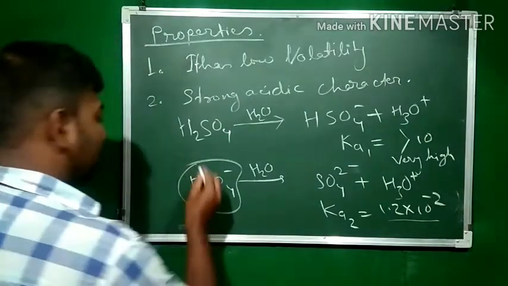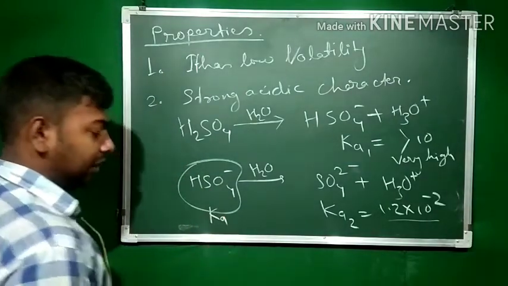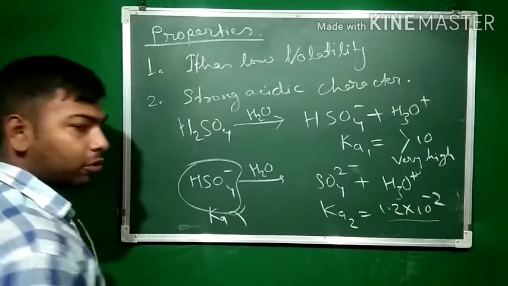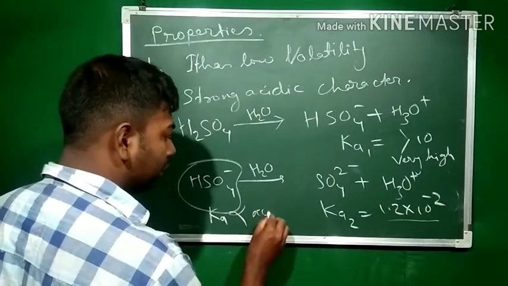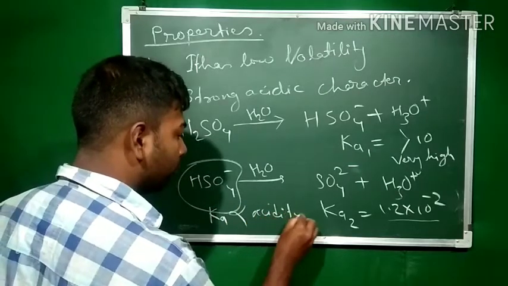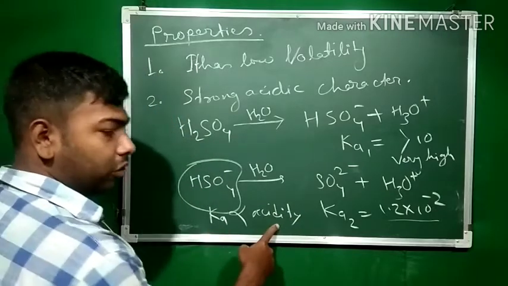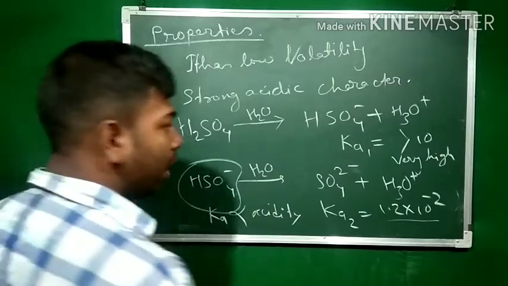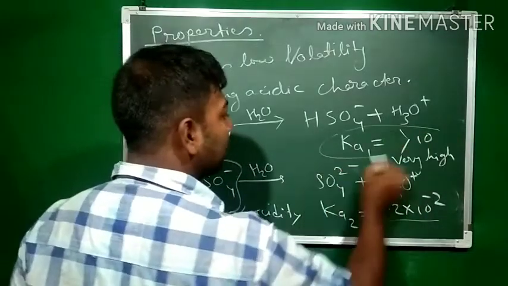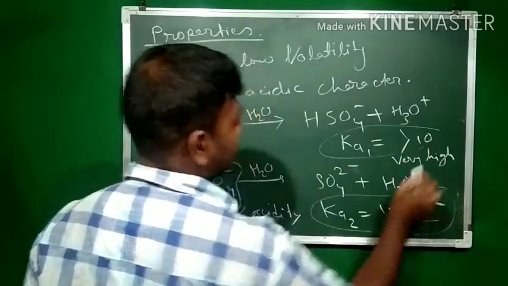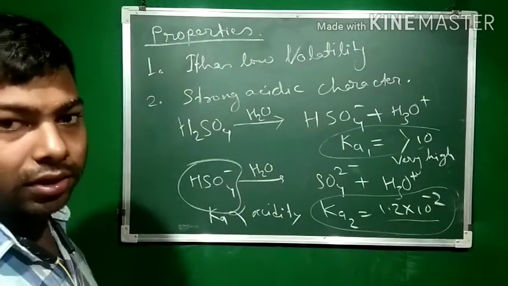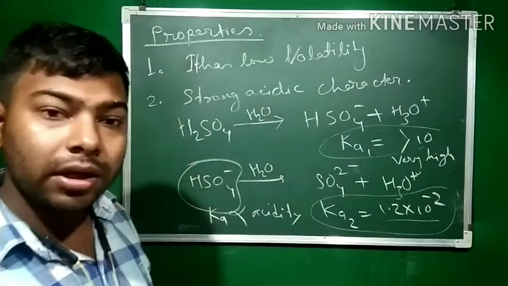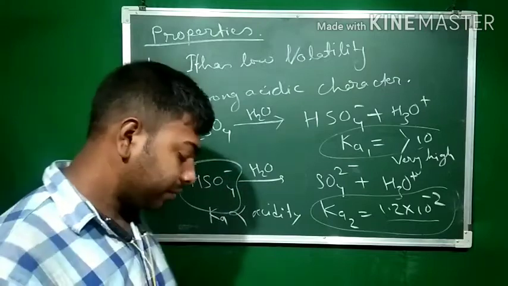We can write here also that Ka, the dissociation constant, is directly proportional to the acidity. If it increases, acidity also increases. If it decreases, acidity also decreases. That's why here it is the most acidic, but this one is a little bit less acidic. This is the main reason behind that.